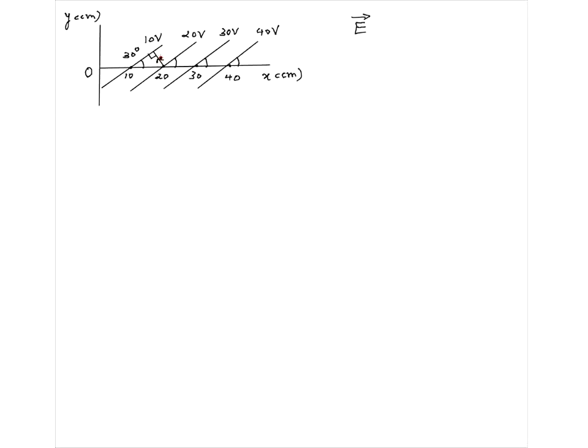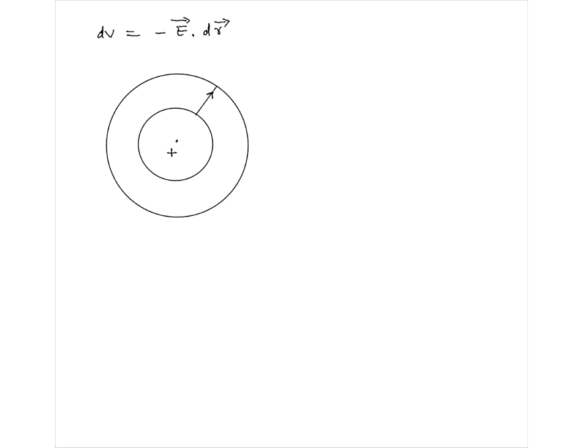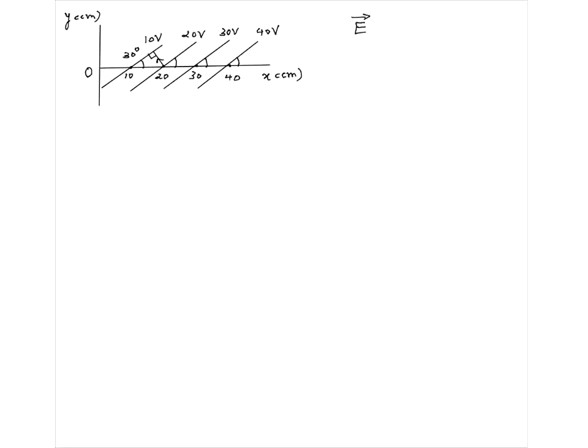Now, talking about magnitude. Cos theta I have chosen as 1. When I choose this path, shortest path, it automatically means that I have chosen cos theta as 1.